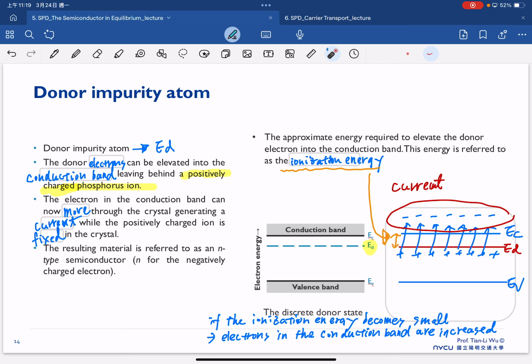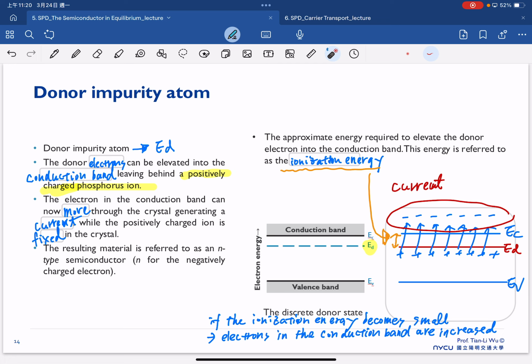Normally, in the case of silicon, we almost neglect the impact of ionization energy because ionization energy is very small in silicon. That's why in most semiconductor physics and device lectures we mainly talk about silicon. We won't talk about other materials. But if you work on additional materials, other very fancy small band gap, wide band gap, 2D or whatever material, the ionization energy becomes very critical, because in other semiconductor materials, ionization energy is always large.